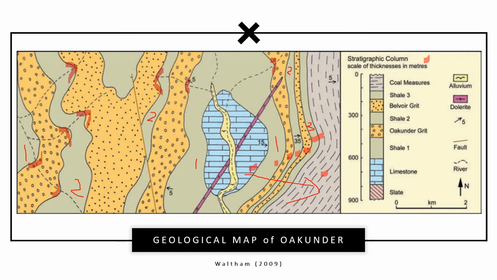So how about in this part? This is limestone, shale 1, O'Connor grit, and shale 2. Also shale 2 and also Belvoir grit. Shale 3 is not visible, so we are going to stop here in the Belvoir grit.